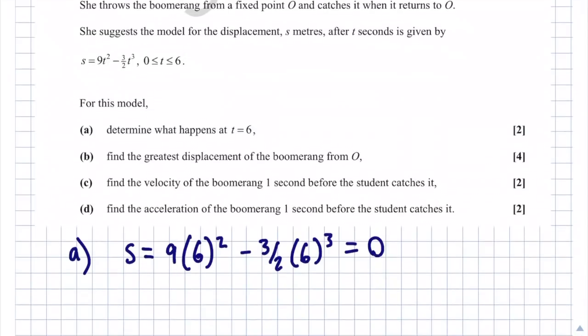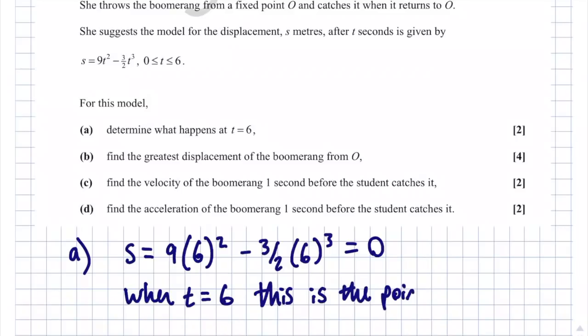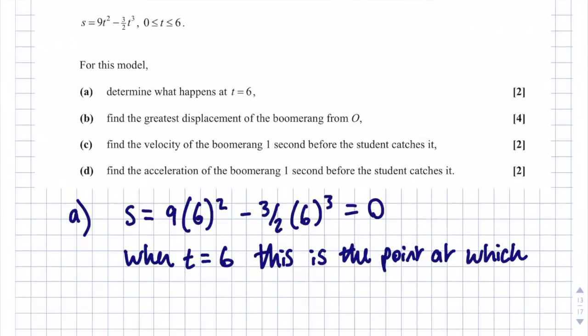What we can say is when t equals 6, this is the point at which the student catches the boomerang.